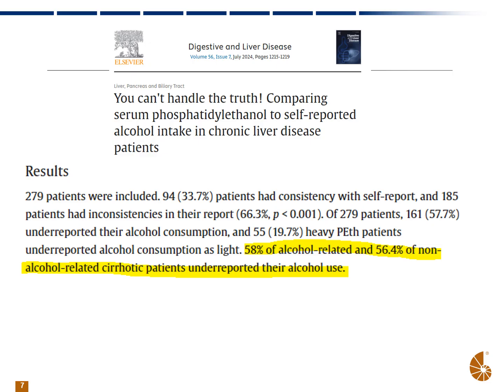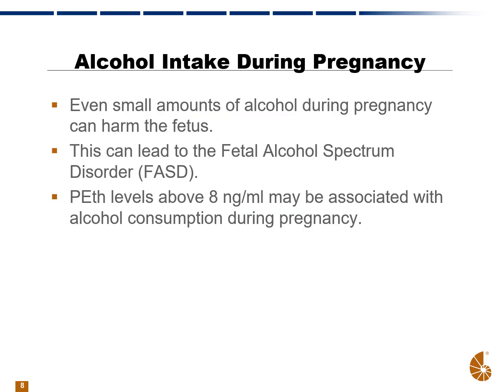So people tend to underreport alcohol use even when they have critical liver diseases. Alcohol during pregnancy is certainly an adverse finding and can lead to fetal alcohol spectrum disorder in the fetus. And even levels higher than 8 could be considered using alcohol during pregnancy, which is a real no-no.